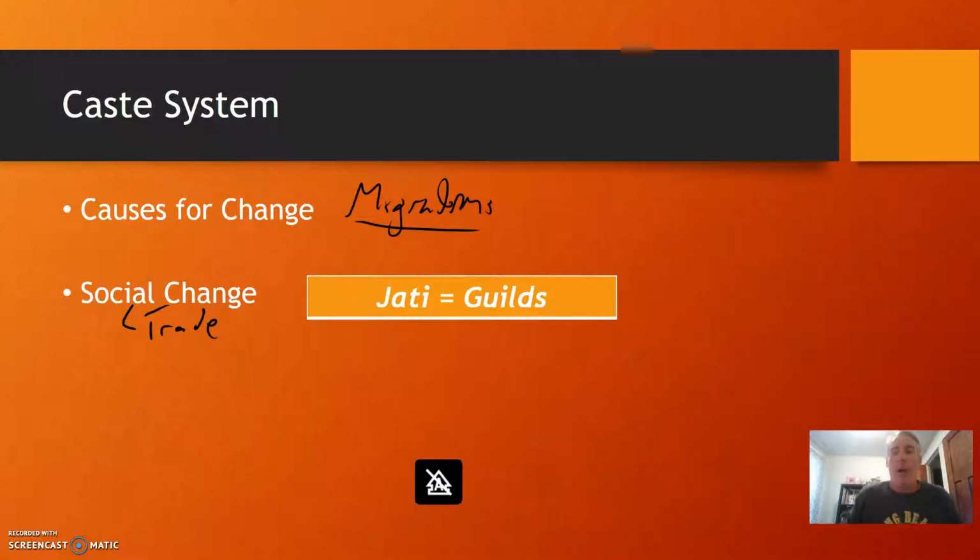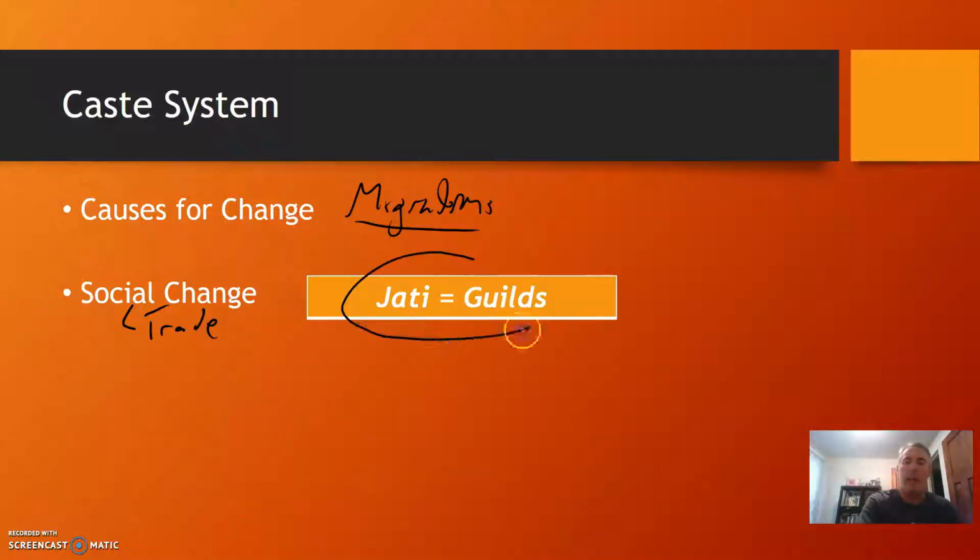So artisans, so iron traders, or copper traders, or salt traders, or so forth. Aside from being economic identifiers, in terms of just their job, they also became part of the caste system, where people could only marry into them, and they start to have stricter rules about interactions and so forth. So you start to see a lot more of an overlap between economic guilds and the social and religious caste system.